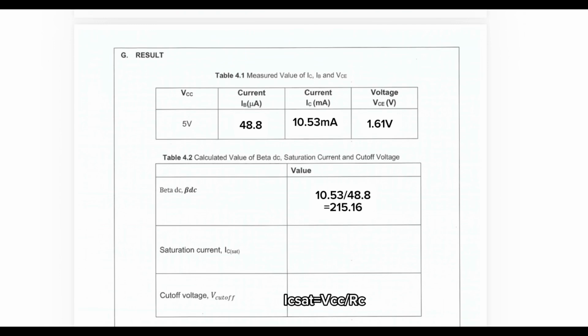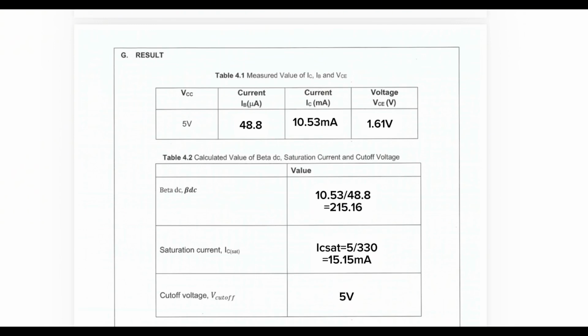Second, the saturation current formula is IC(sat) equals VCC divided by RC. Based on the values shown, VCC is 5 volt and RC is 330 ohm.